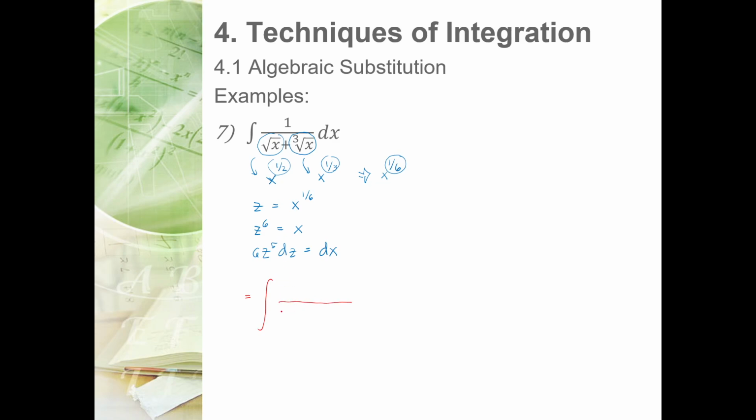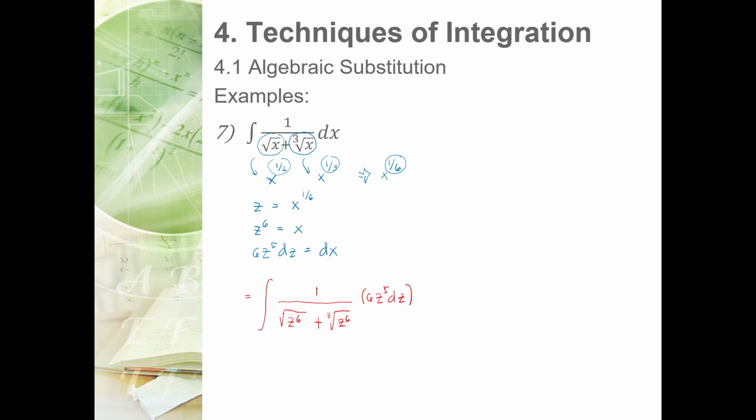So the square root of x is the square root of z to the power of 6, plus the cube root of z to the power of 6. And then dx is 6z to the power of 5 dz.